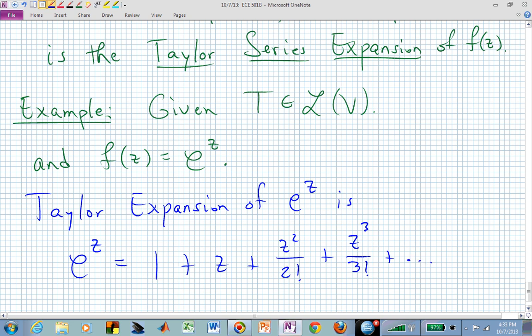using a lot of our fun symbols, right? Factorials, powers. So now we have 1 plus z squared over 2 factorial plus z cubed over 3 factorial, etc. That just keeps going.